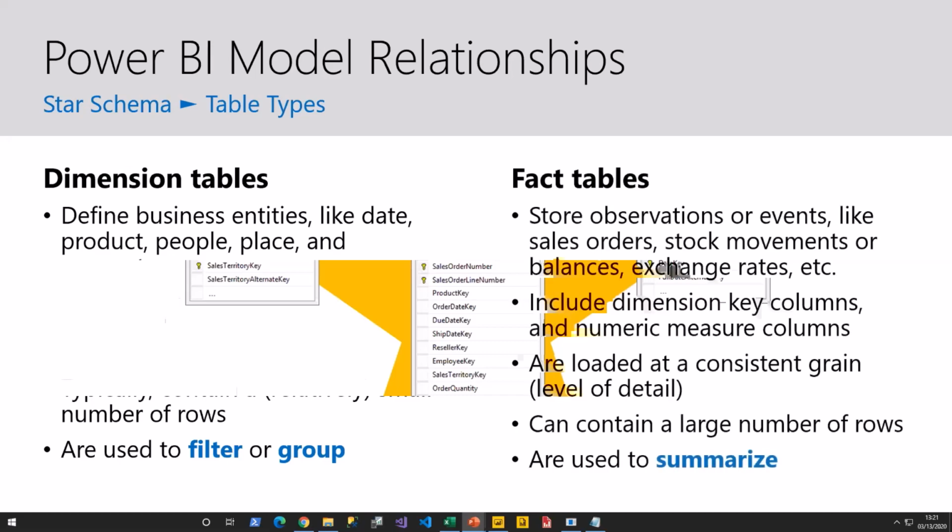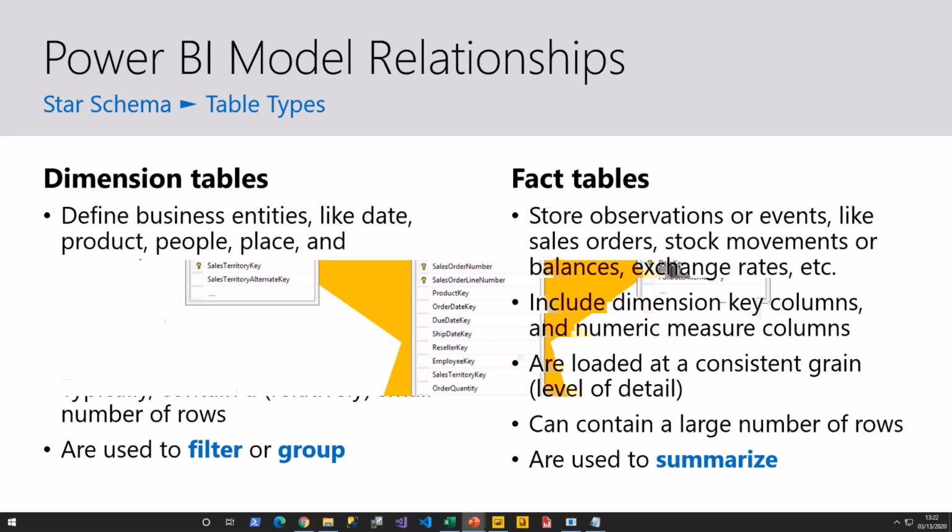Now, the fact tables, these store observations or events like sales orders. They include the dimension key columns and numeric measure columns like quantities and sale amounts. They can, in contrast to dimension tables, contain a very large number of rows. And the purpose of these is that at reporting time, the measures or the row counts are used as summarizations of fact data.